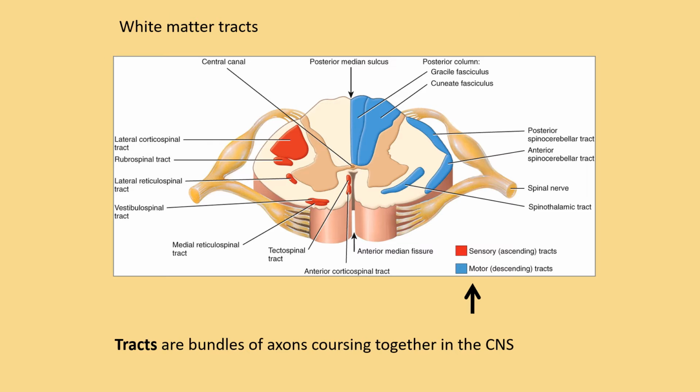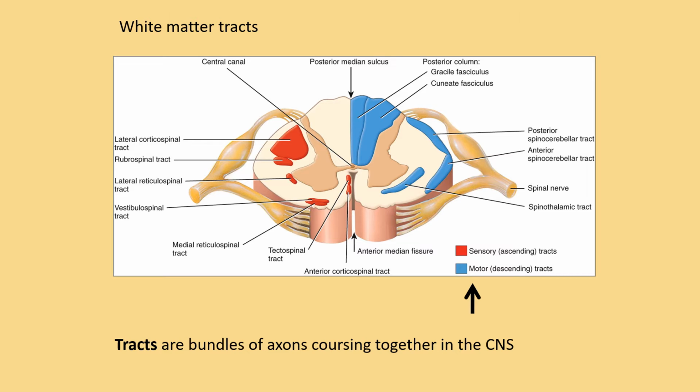This image highlights white matter tracts of the spinal cord. Tracts are identified as either being ascending or descending. To ascend means to go up, and to descend means to go down. So sensory information that has entered the spinal cord will travel up to other levels of the spinal cord or will travel up into the brainstem.